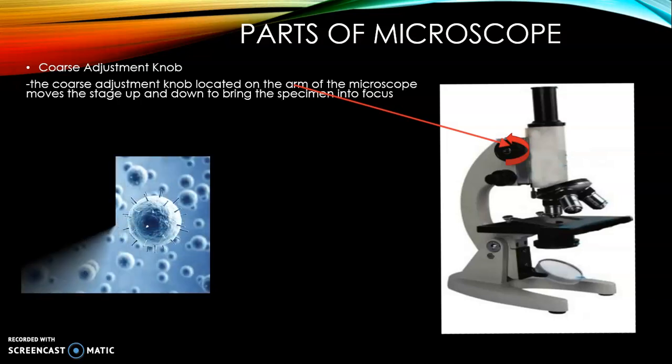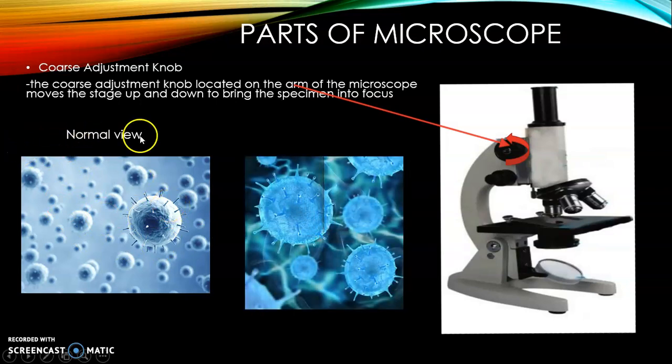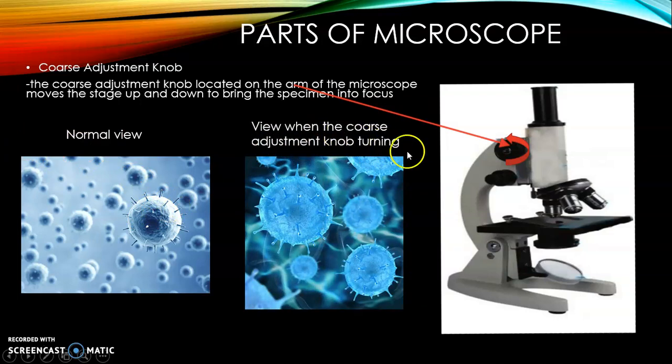For example, in this picture, this is the normal view. Then, when the adjustment knob adjusts this part, if you turn it, this is the normal view.